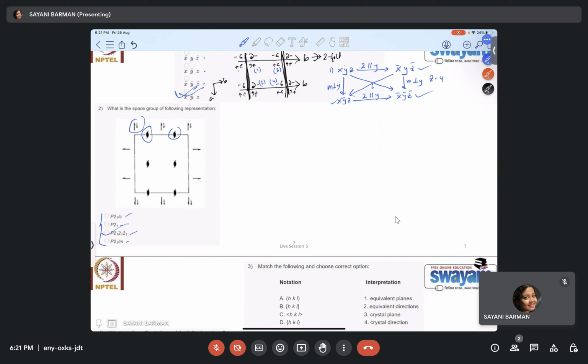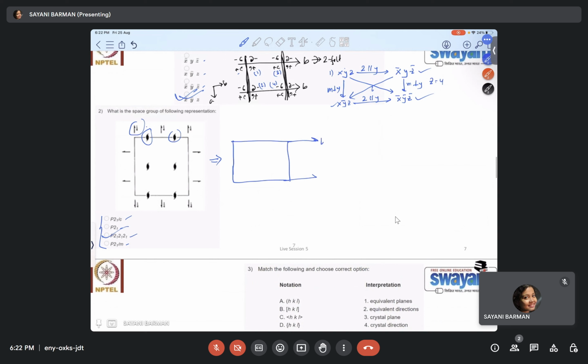Now I can explain why. See, this is inside the lattice cell. If I draw this one, I want to simplify it. There is a 21 screw along the b axis, and it is 1/4 above the projection plane.